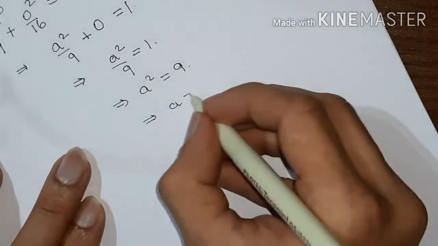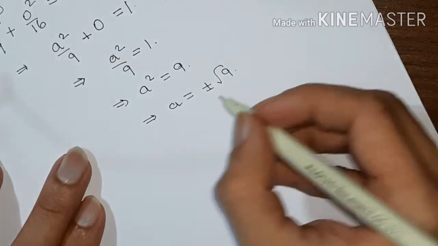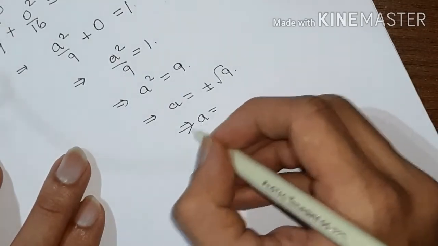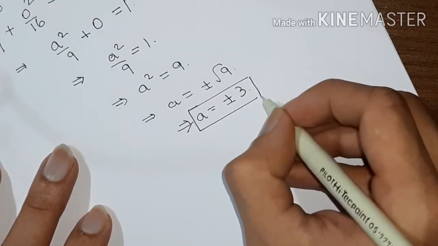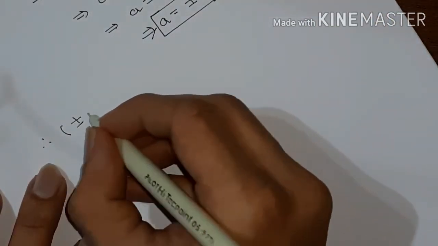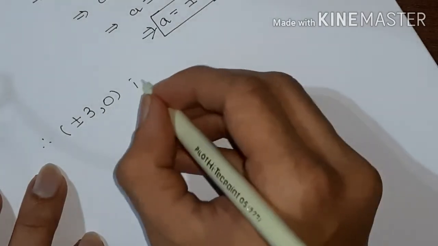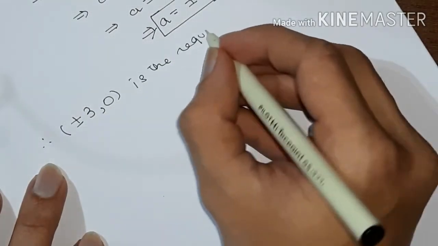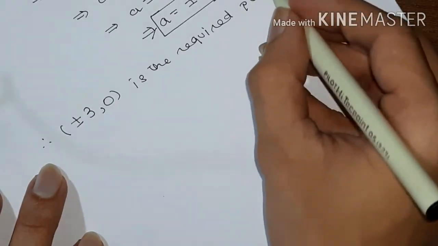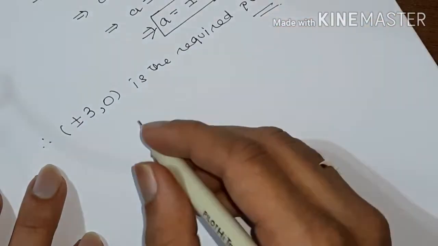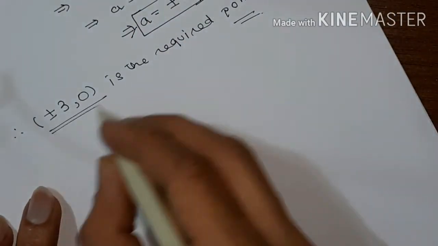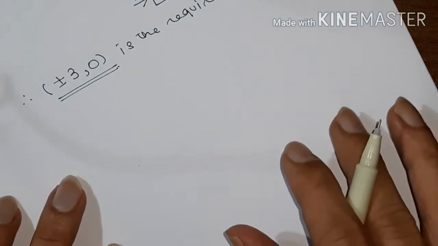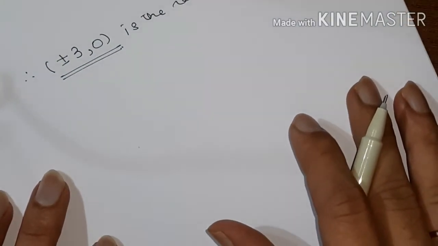So a is equal to plus or minus 3. So we get the value of a here. Therefore the point plus or minus 3 comma 0 is the required point, because b is 0 and a is plus or minus 3. So that was problem number 13.